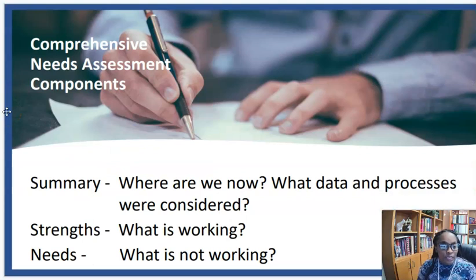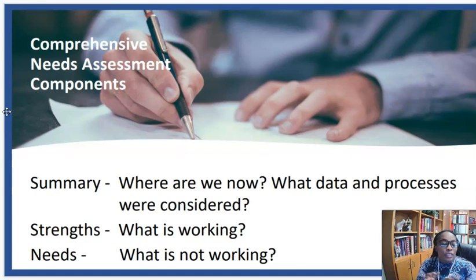So, comprehensive needs assessment components. It states a summary: where are we now? I need you all to take your glasses out or your magnifying glasses and look at where we are now, and what data and processes were considered. So we will have for you a MOS shared drive that will have all of the data pieces there.